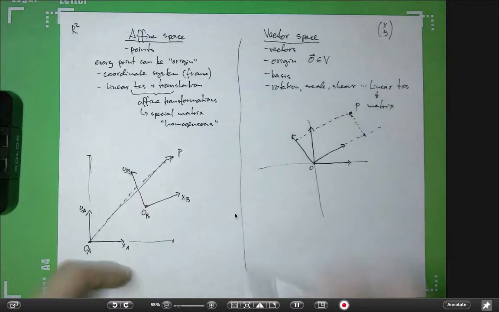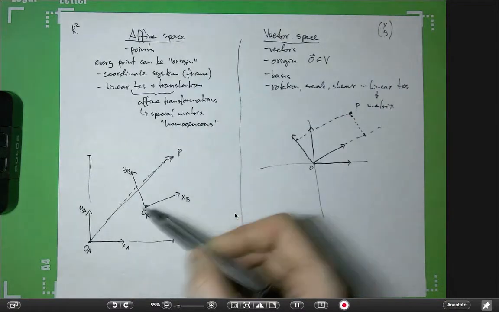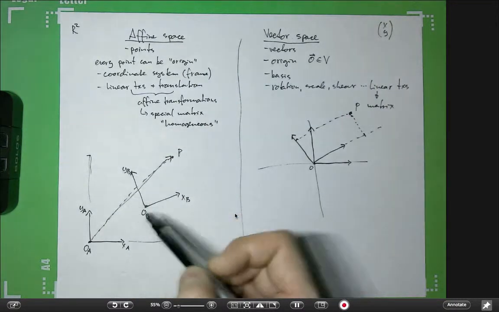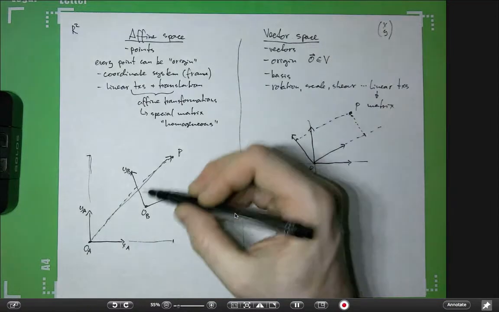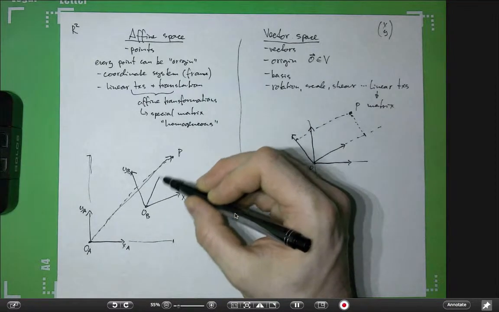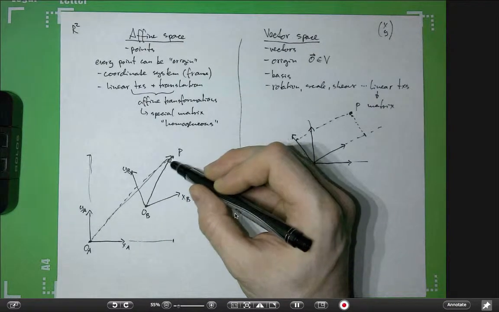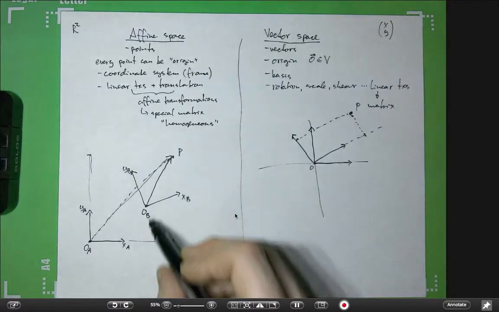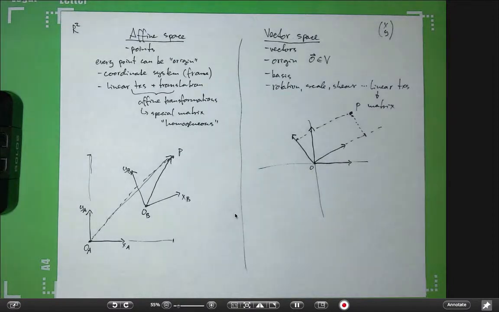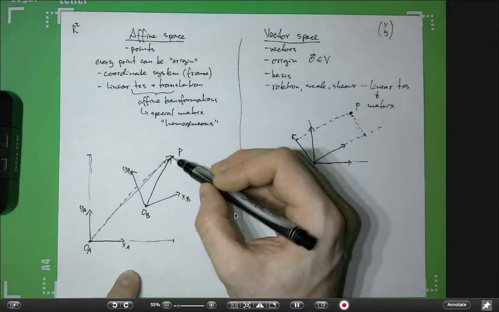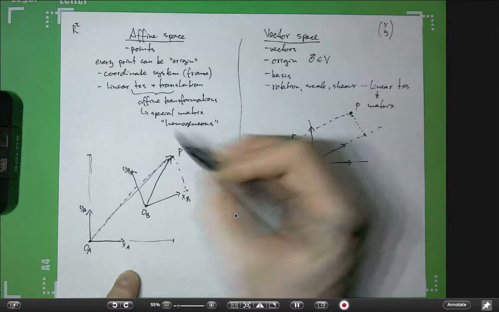And how would I measure the coordinates of point P with respect to this coordinate system B? The same way, right? I would take the vector, basically subtracting these two points: the point P minus OB, where both P and OB are points in the affine space. If I subtract two points, I get a vector. And the rest is just standard vector space business, essentially. Now I have already dealt with the origin, so this vector I project to the basis, and I get my coordinates.